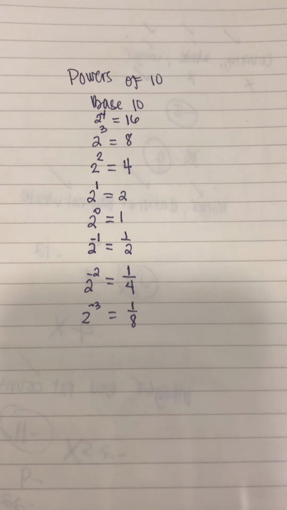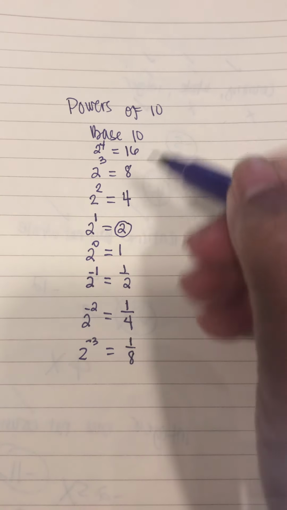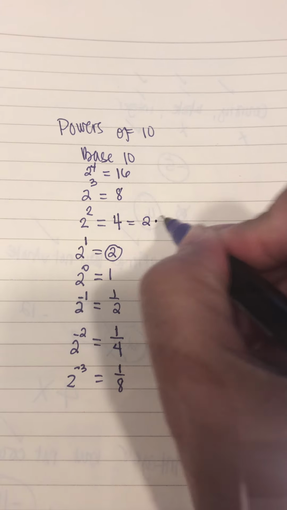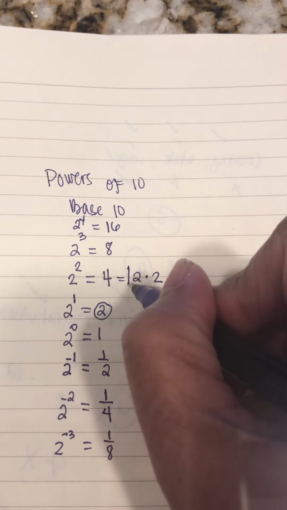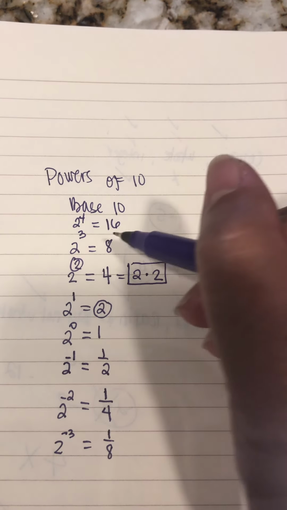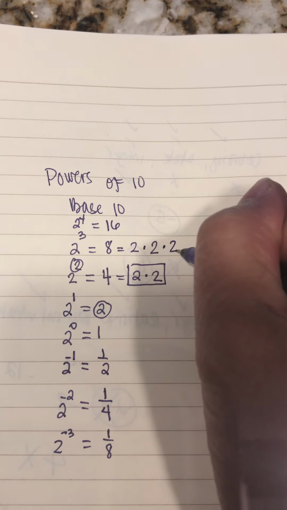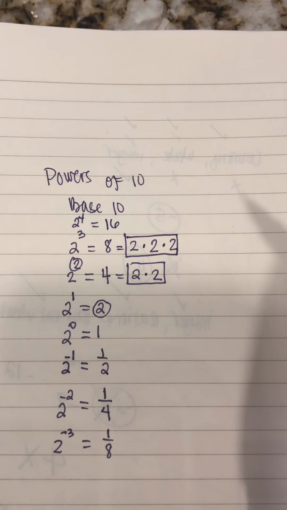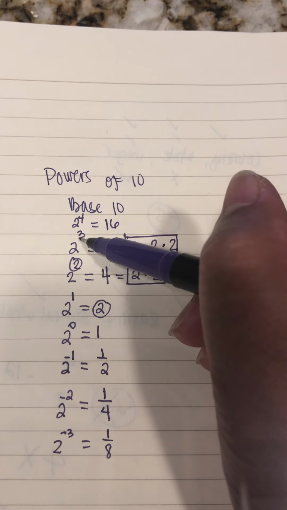So now are you kind of seeing the pattern here? We started with just 2. 4, I can write this as 2 times 2. And look, how many 2's do I have? That's 2. And 8 can be written as 2 times 2 times 2. So I have 3 2's multiplied to each other. So now I have an exponent of 3 here as well.